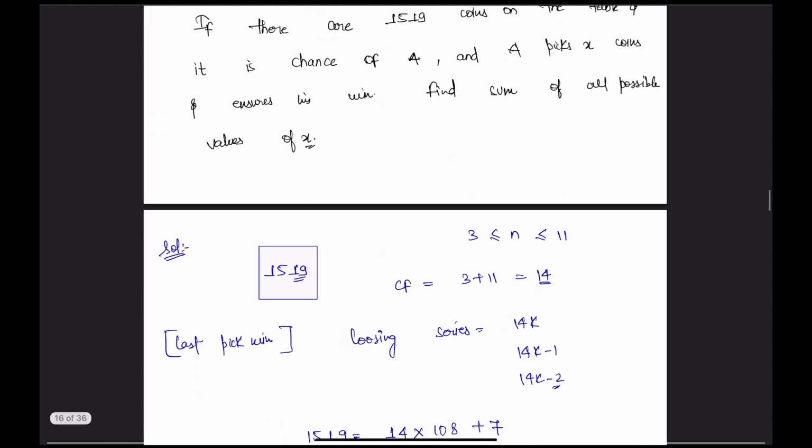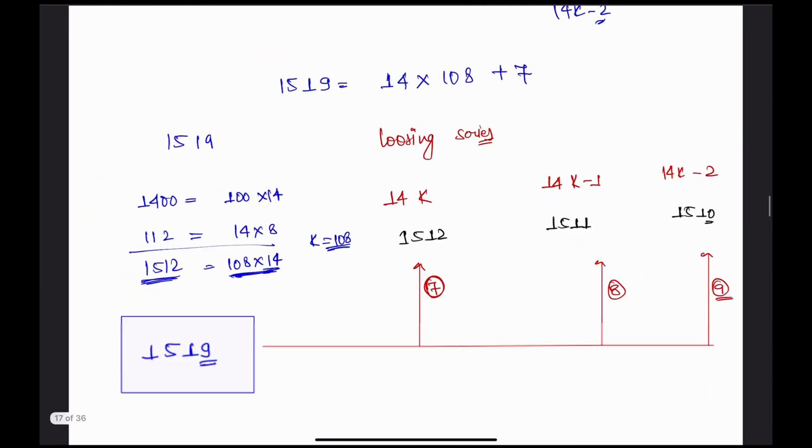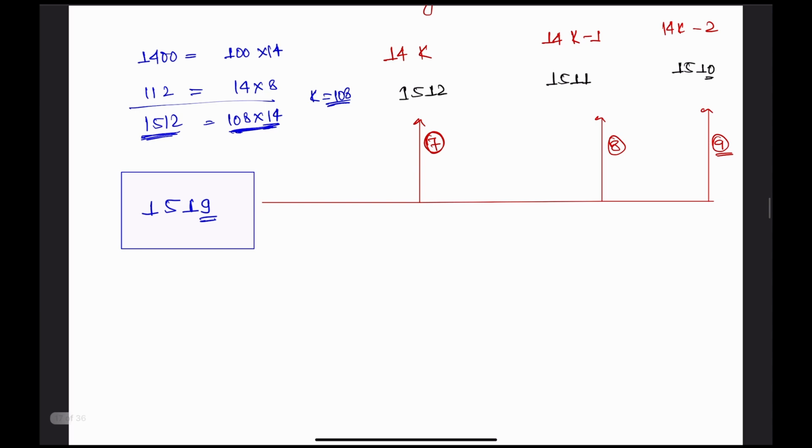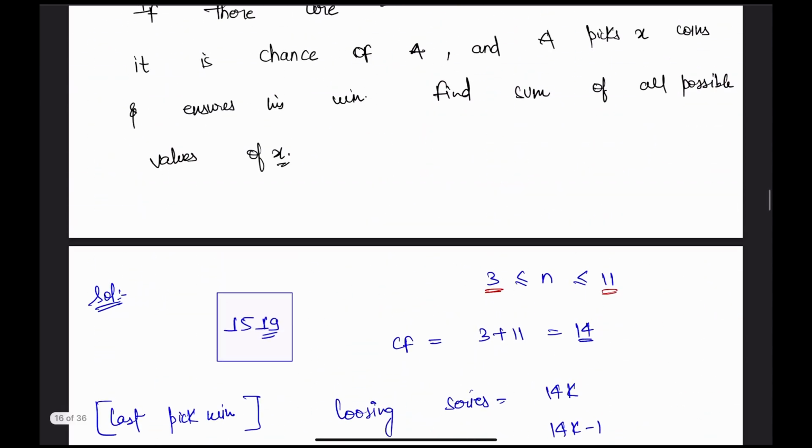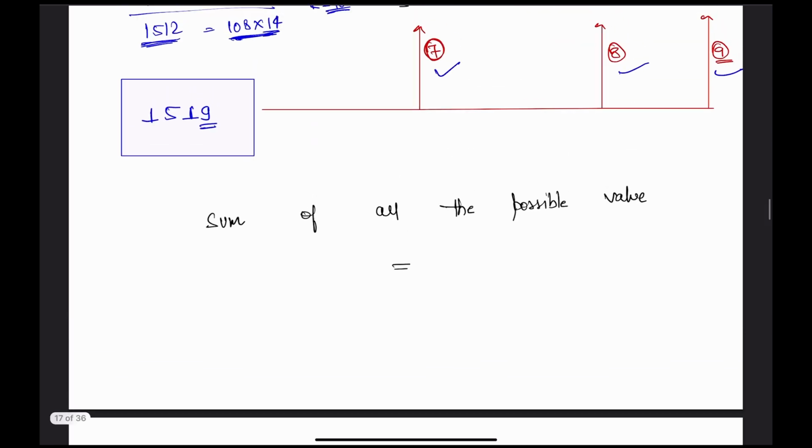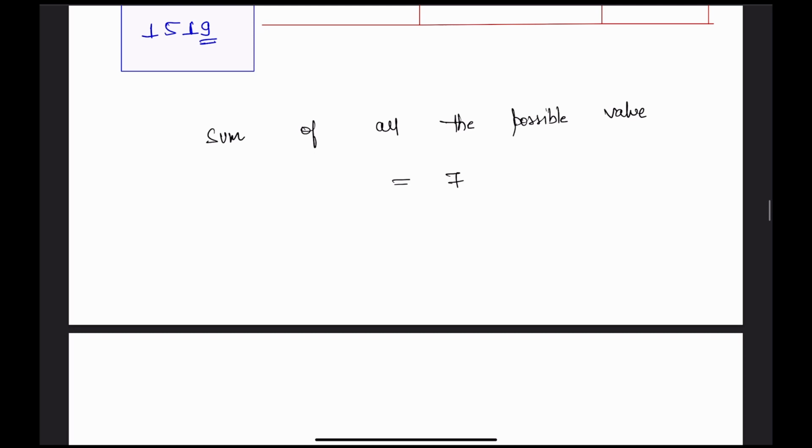Yes, we can choose between 3 to 11, so all these three are possible. The question is asking us the sum of all the possible values, which is nothing but 7 plus 8 plus 9, 24. That is the answer.